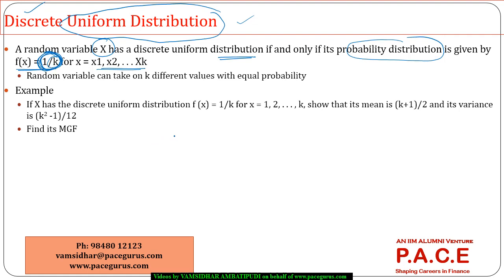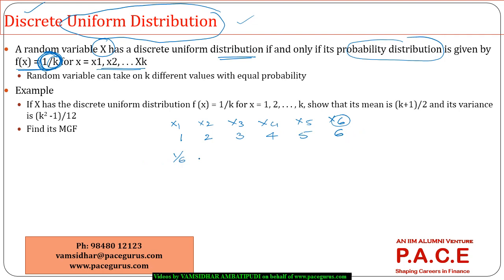If I am talking about throwing a dice, the possibilities are 1, 2, 3, 4, 5, 6. If I call them x1, x2, x3, x4, x5, x6, then xk is 6, because there are 6 different possible values that the random variable can take.